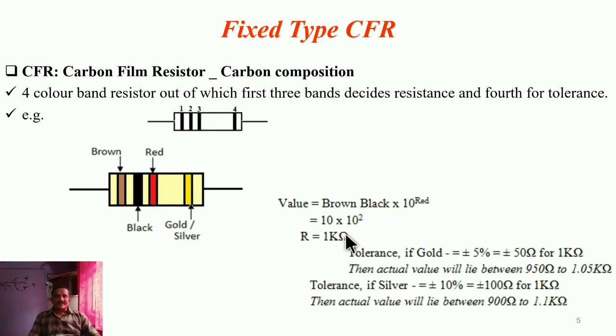How to determine the resistance of that resistor? Out of the four, note down the first two color bands from the LHS side as numbers as they are. So for brown and black, the number is 10, into 10 raised to the third band, which is the power of 10. So 10 raised to 2, that means the resistor is of 1 kilo ohm.